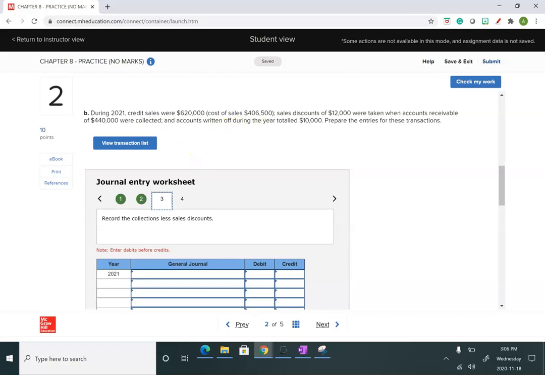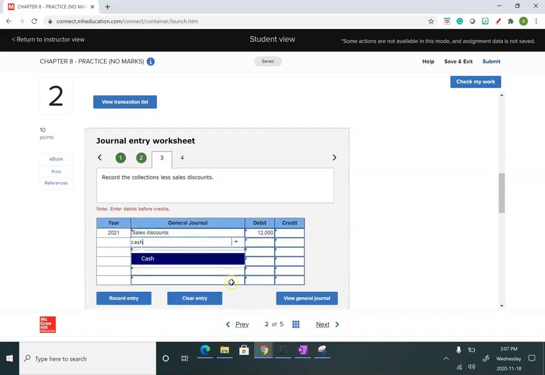So let's do the discount. So sales discounts of $12,000. And we will do the collection of the accounts receivable. So I'll have cash here, and I'll have accounts receivable right here.